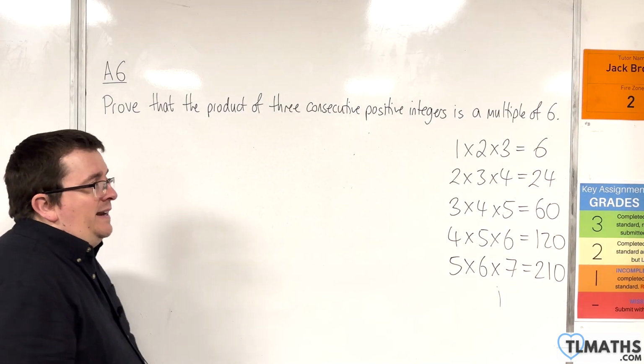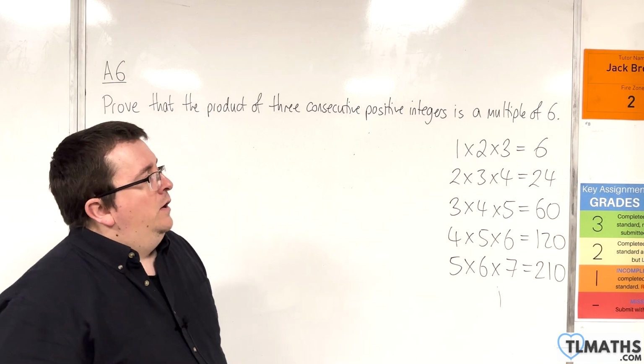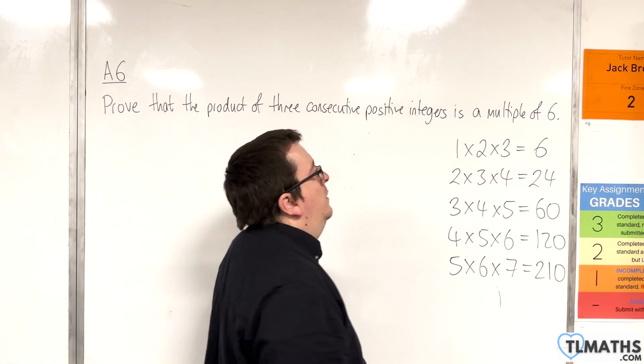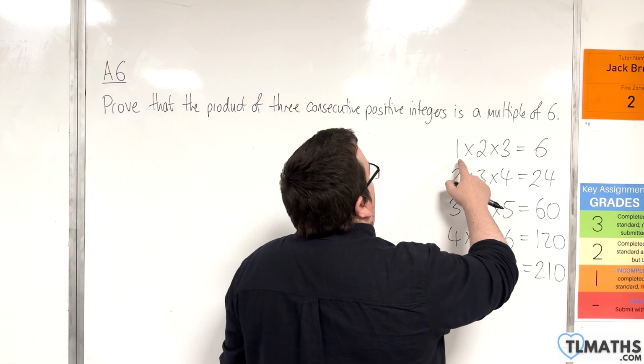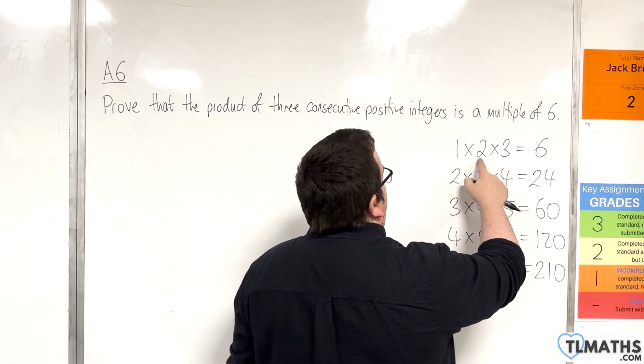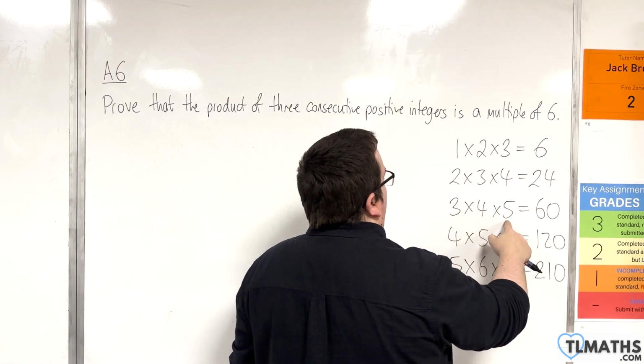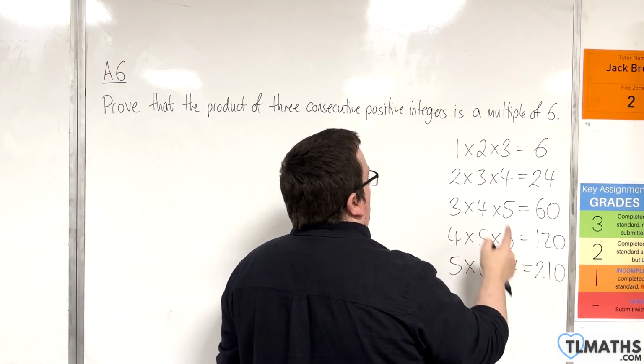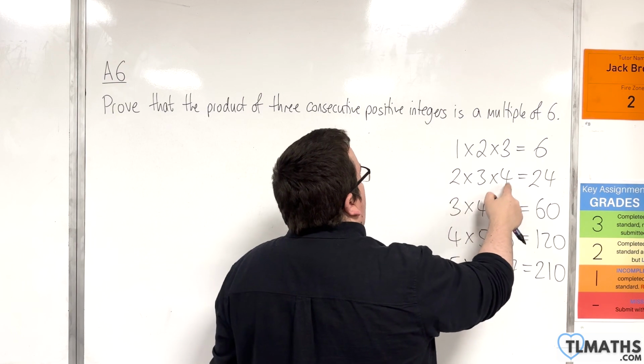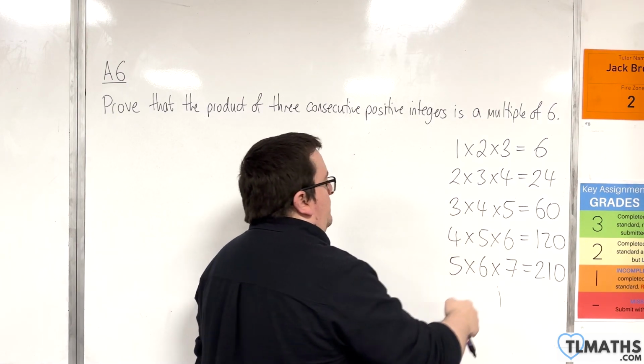The first thing to identify is that you will always have either two odd numbers and an even, so odd, even, odd, or even, odd, even.